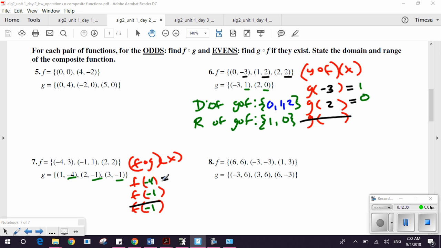Now we're going to look at f and find the value of f when x is negative 4. So when x is negative 4, y is 3. When x is negative 1, y is 1.